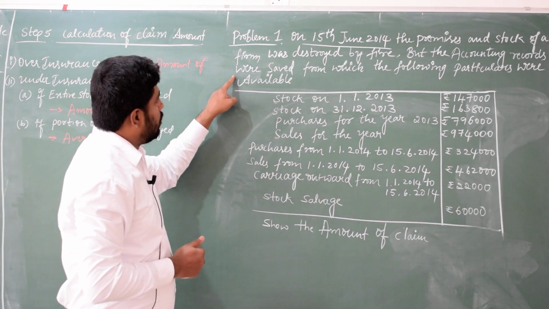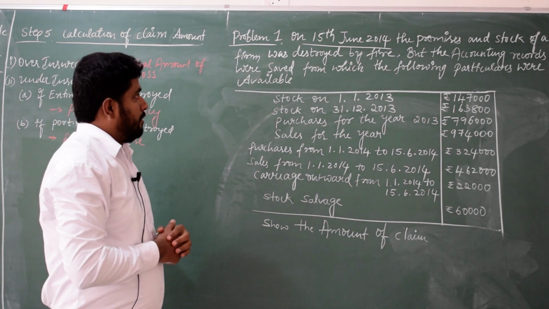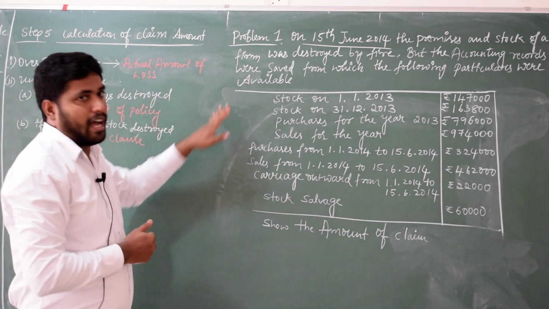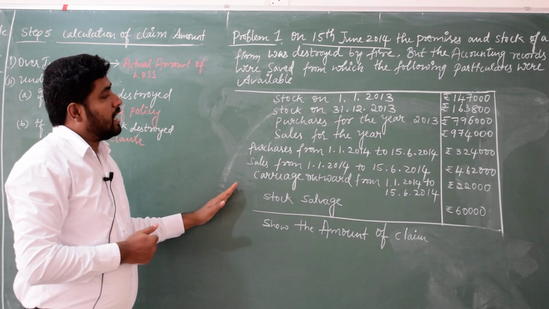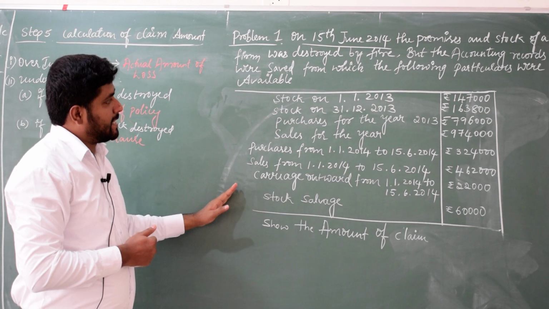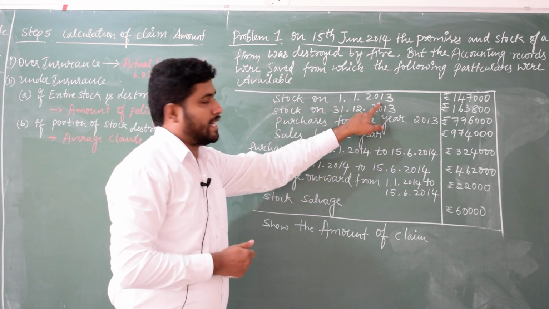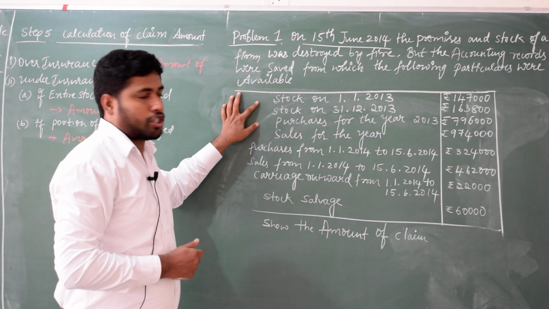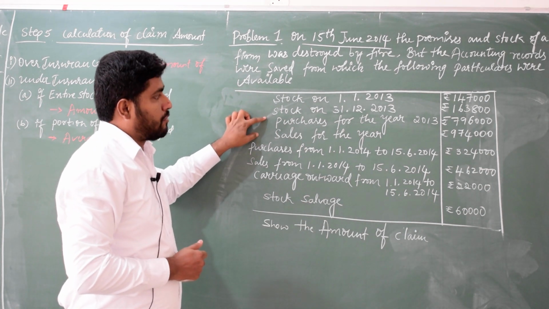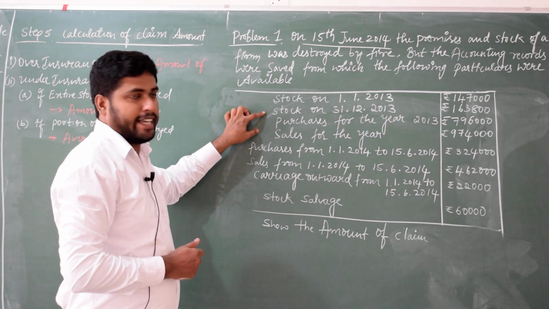But the accounting records were saved, from which the following particulars were available. This is the data given to calculate the fire insurance claim. The first information is stock on 1/1/2013, which means opening stock, and stock on 31/12/2013, which is closing stock.